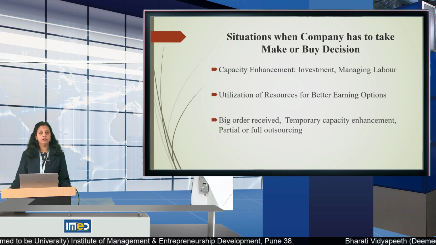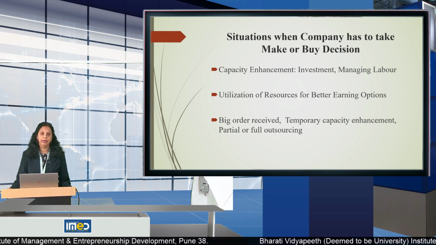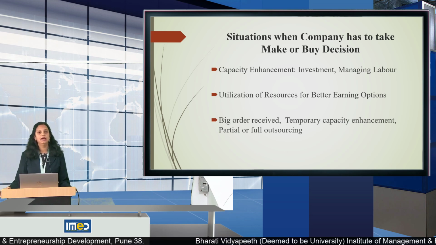Now, we will first see the situations when the company has to make this decision. First is capacity enhancement. All of you are aware that to increase the top line and bottom line, every company is thinking of increasing its capacity and diversification.